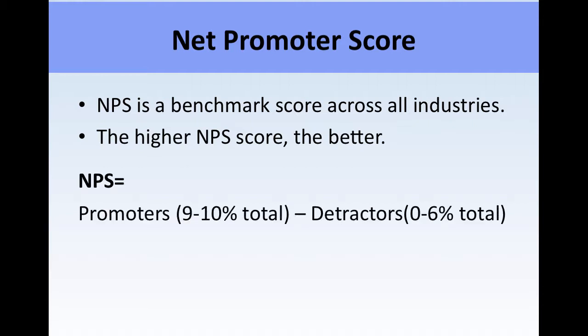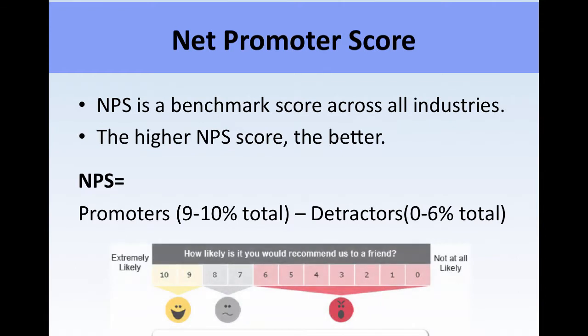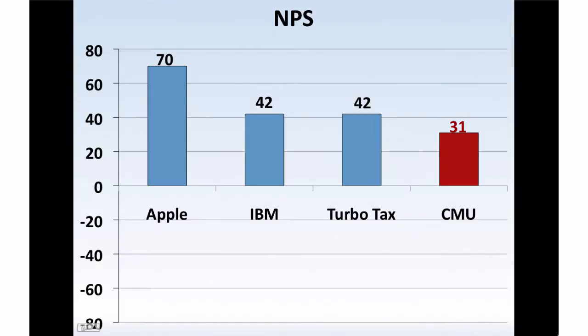And how you get NPS is you run the data through SPSS and you use your promoters, which are your 9s and 10s, and then you subtract your detractors, which are your 6s and below. And then that will give you your overall NPS score, which is a percentage. And then you use that to compare yourself with other companies in various industries.